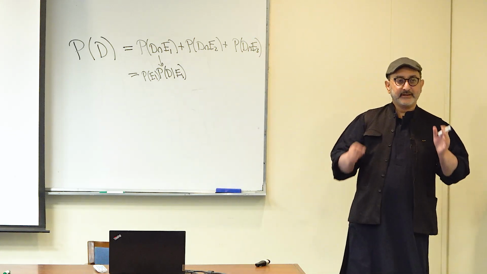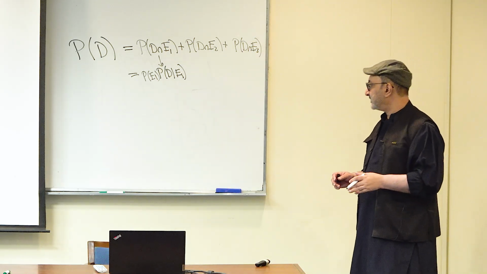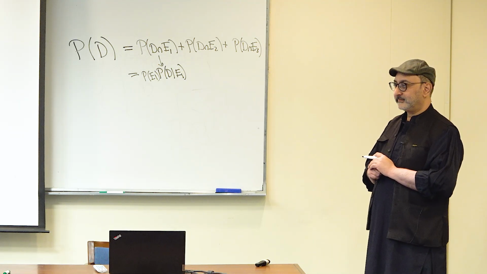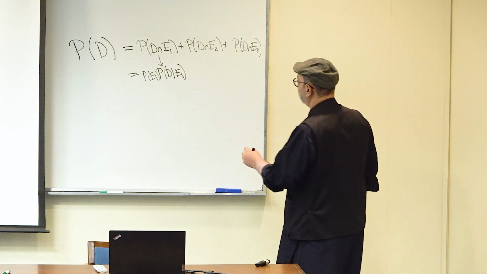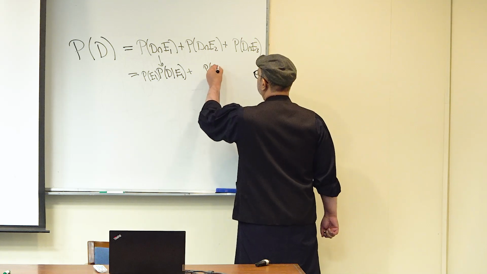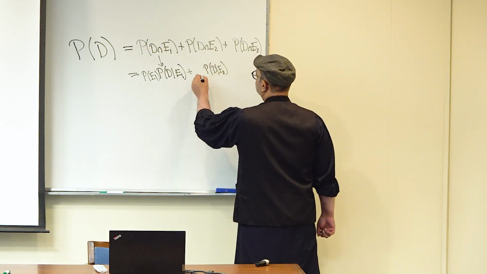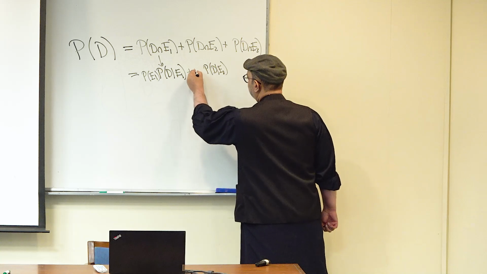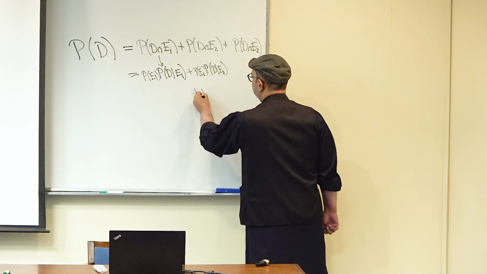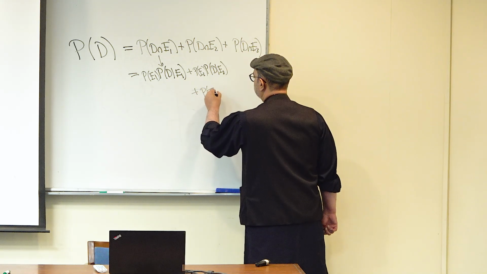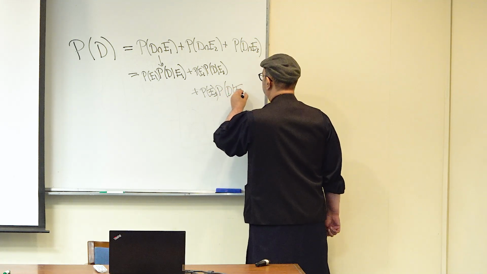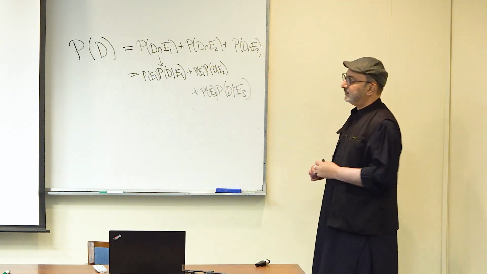I rewrite the probability of the intersection in terms of a conditional probability. Okay? Now what about this one? Probability of D given E2, that's not quite what I want. That's not quite the intersection. I have to multiply by probability of E2, plus the probability of E3 times the probability of D given E3. Okay?